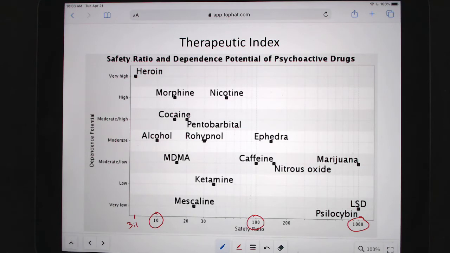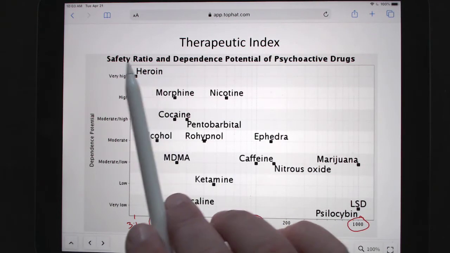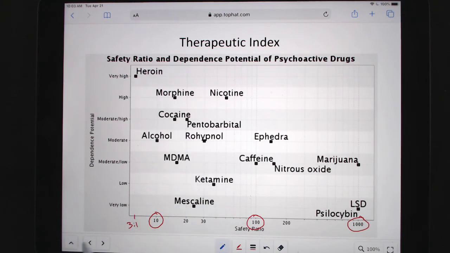That's why we're having such issues with the opioid deaths: people build up a tolerance, so they take higher and higher concentrations, and they can very easily go over into a lethal dose because the gap is so low. So there is a wide spectrum for these things.